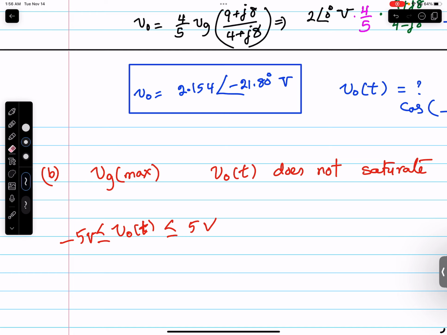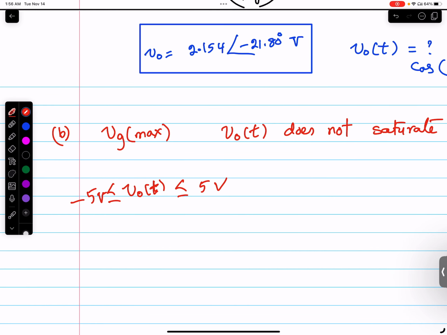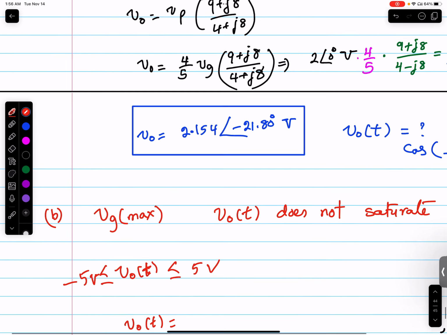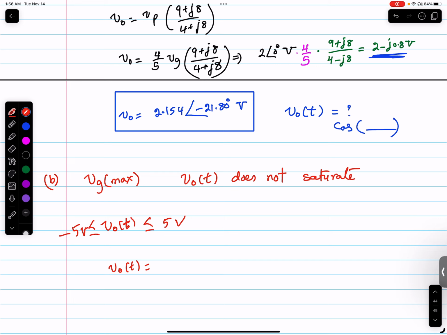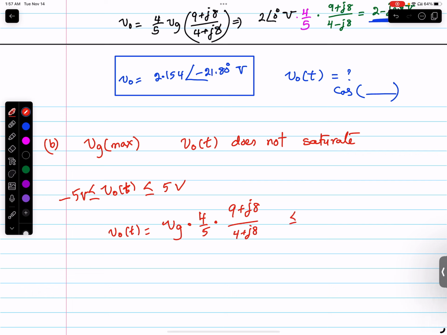So what we want to make sure is that vo of t, which is given by Vg multiplied by 4 by 5 multiplied by 9 plus j8 by 4 plus j8, should be less than or equal to 5 volts.